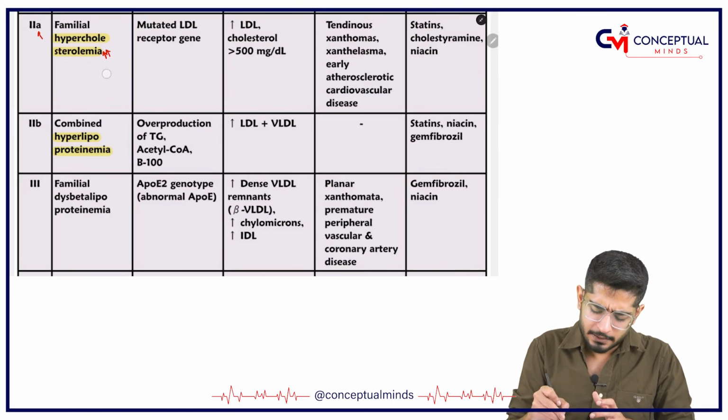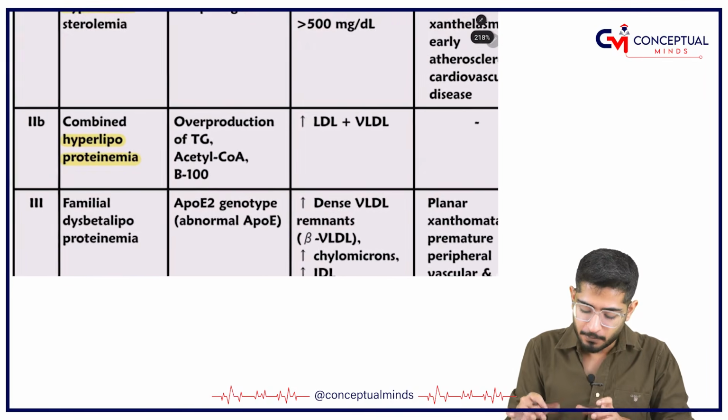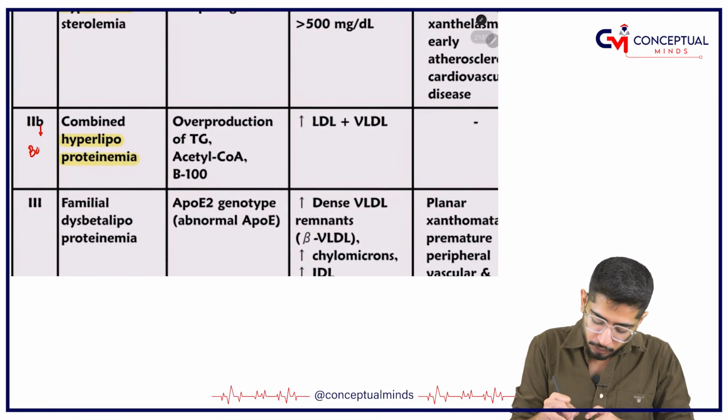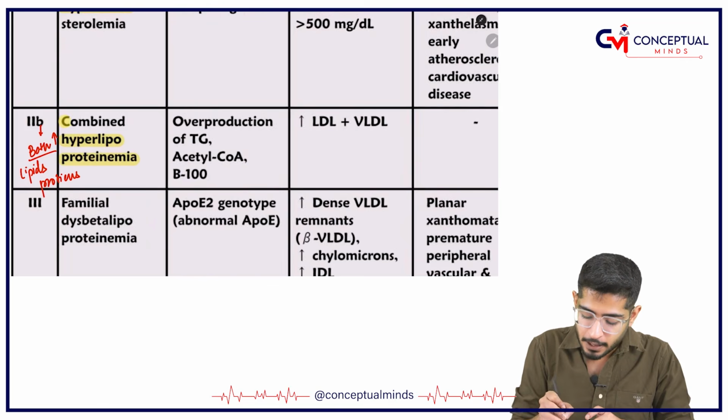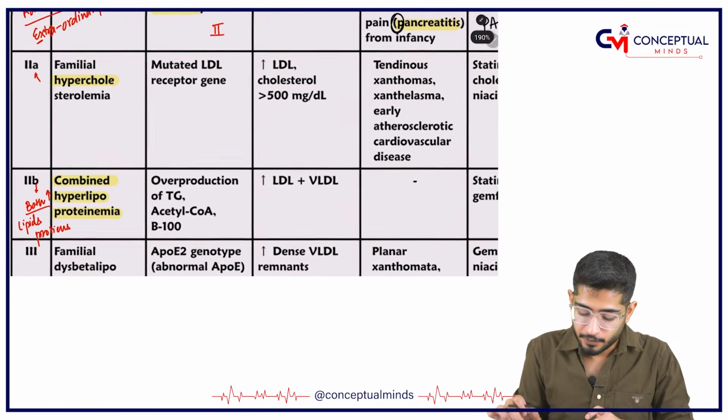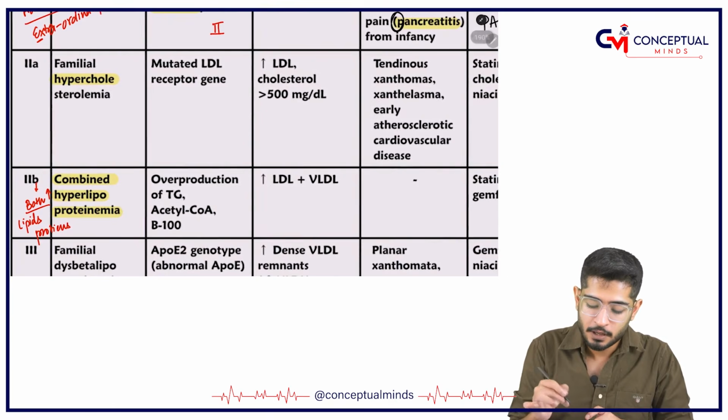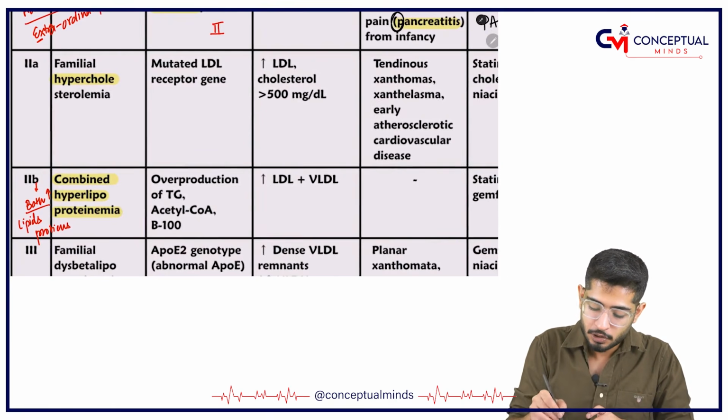People get confused in this, so a simple way to remember is that B has both increased: lipids are increased and proteins are also increased. That's why combined hyperlipoproteinemia. Whereas for cholesterol, A is for alone increase, that means only the cholesterol is increased.